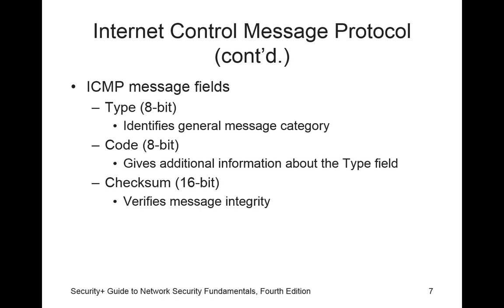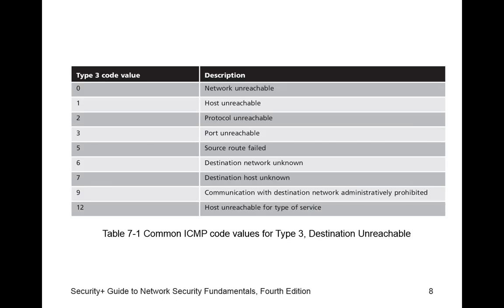They're typically 8 bits, or the type part of it's 8 bits, code part is 8 bits, and you have a checksum of 8 bits. It's a 32-bit packet, okay? You have network unreachable, host unreachable, protocol unreachable, port unreachable. So if you get a 0, 1, 2, 3, y'all have seen those before?